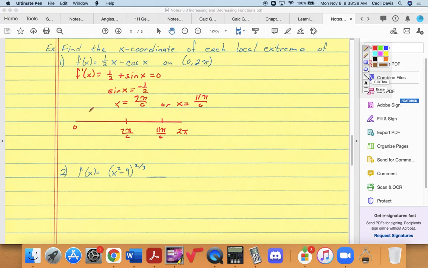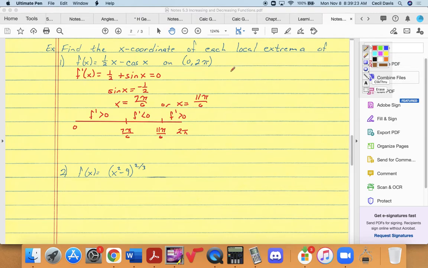If I substitute some value between 0 and 7 pi over 6, say pi for example, that'd be a half plus sine of pi, which is 0. So f prime is positive here. And because we kind of know what this looks like, it's the sine graph moved up 1/2, f prime is negative here, and f prime is positive here. Oscillating. Yes, that's what sine graphs do.